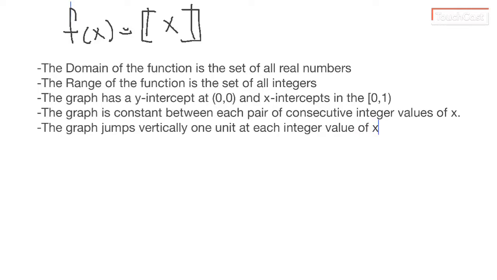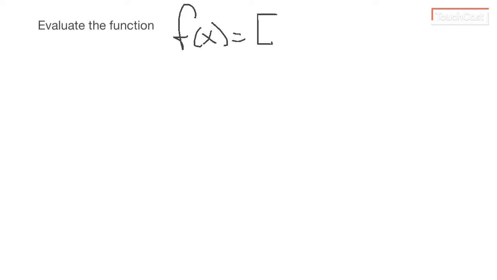So let's actually look at an example of this greatest integer function, which is a step function. We are going to evaluate the function f of x is equal to the greatest integer of x plus 1 at a few different x values.